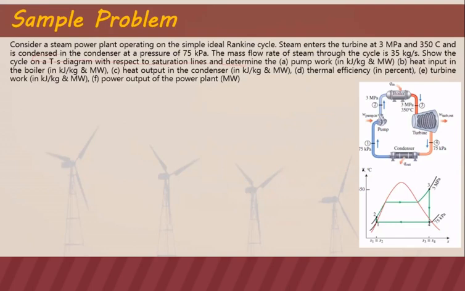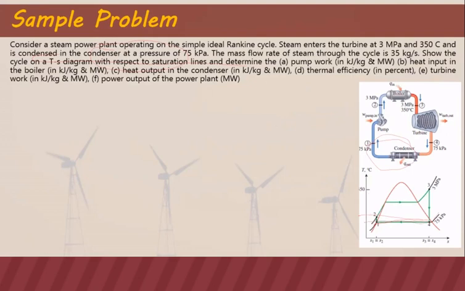So for the TS diagram, this line here is a constant pressure line. It means that the pressure here is the same. And based on our problem, that is the pressure in the condenser. As you can see, the condenser is on this side. So it's 75 kPa. That's why we have 75 kPa in this line. And then the pressure in the turbine.